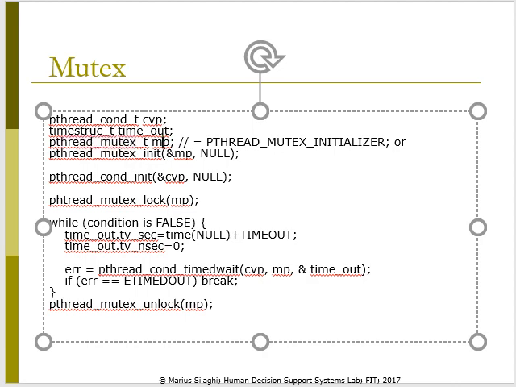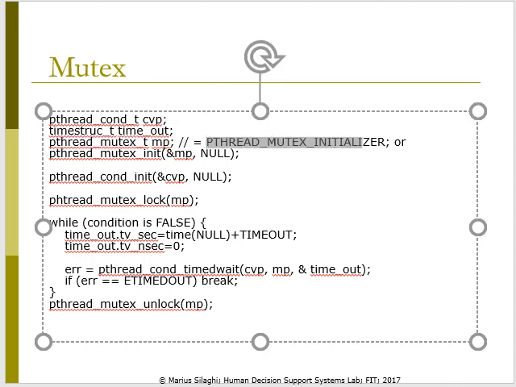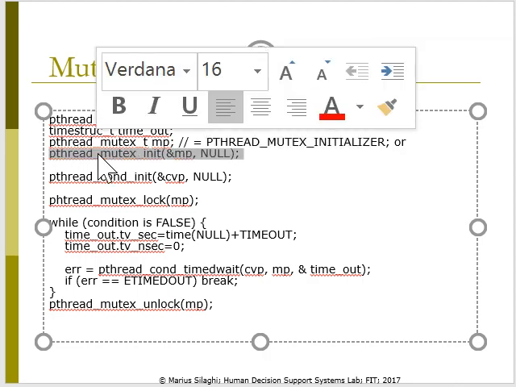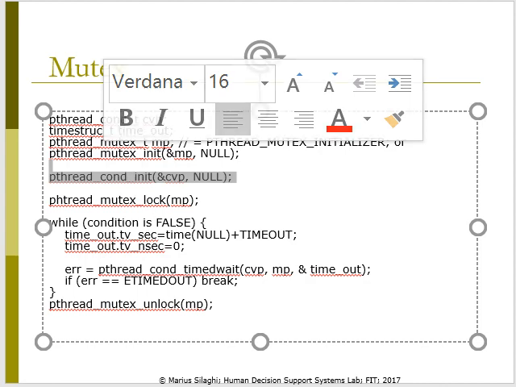One can initialize the mutex variable by assigning it with PTHREAD_MUTEX_INITIALIZER, or alternatively, it can be initialized by the function pthread_mutex_init. The condition variable can be initialized with pthread_cond_init.